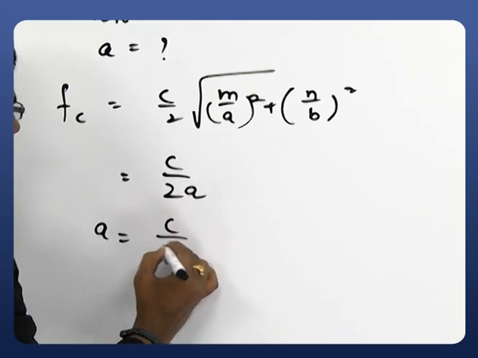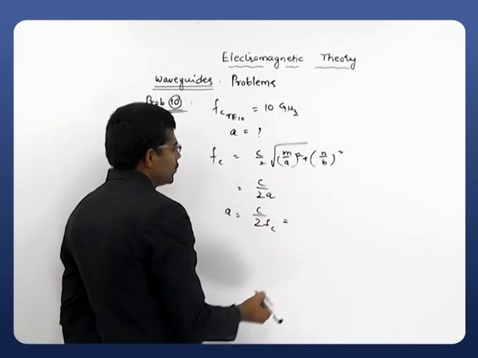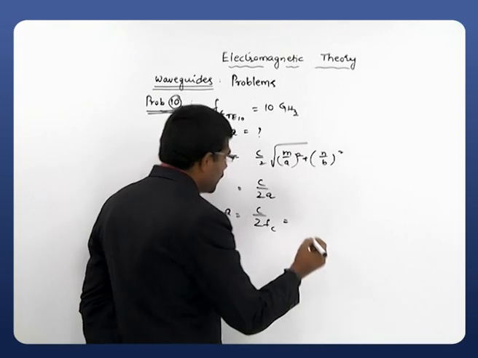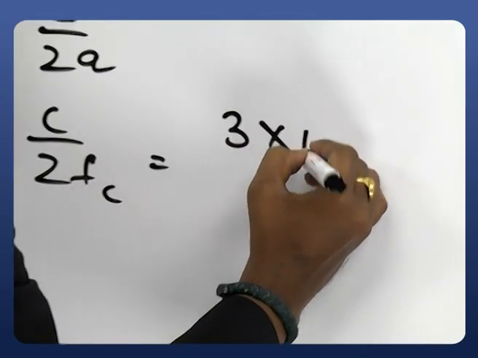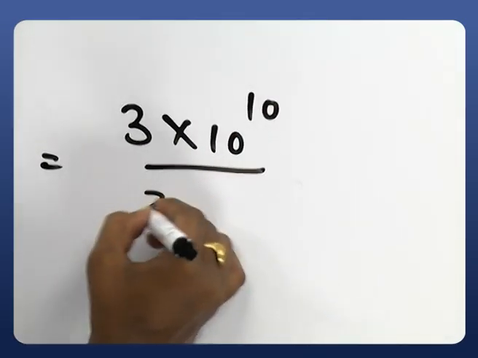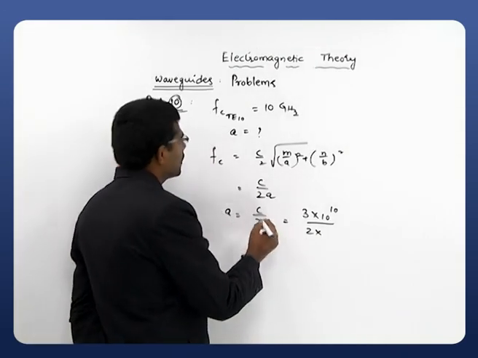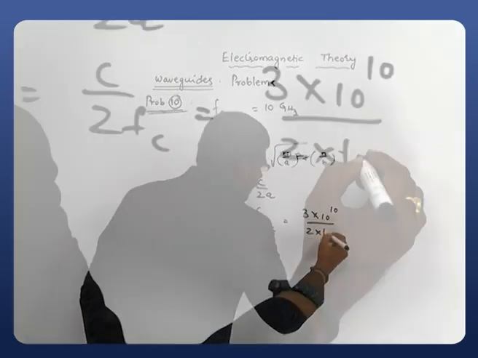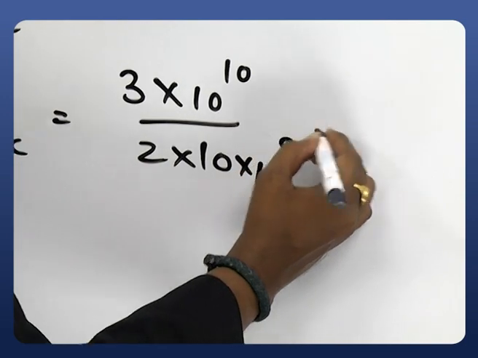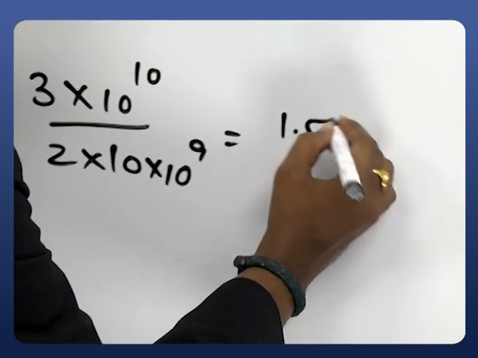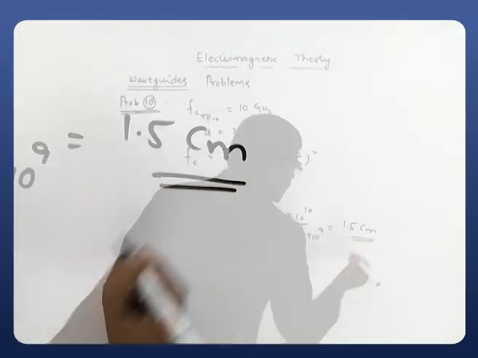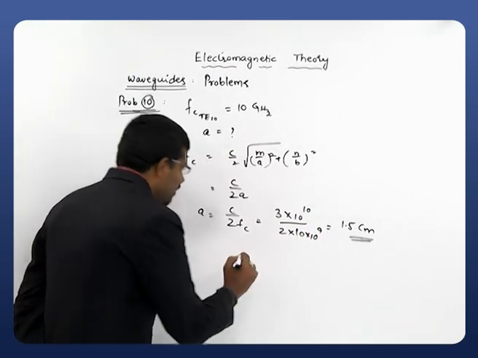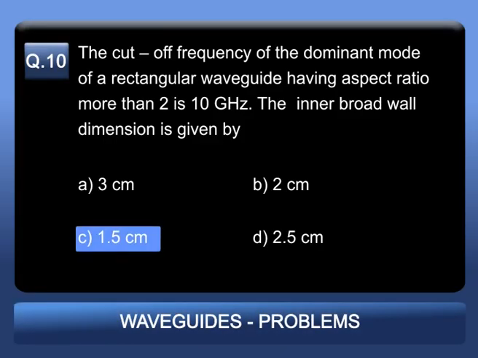A is equal to C by 2FC. The answer is given in centimeters, so I will consider this in centimeters. C is 3 into 10 power 10 divided by 2 into the cutoff frequency, 10 GHz, 10 into 10 power 9. Simply it will be equal to 1.5 centimeter. This 1.5 centimeter is available in which option? Option C is the correct answer.